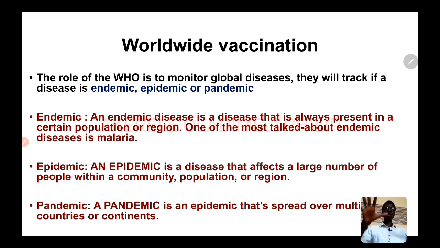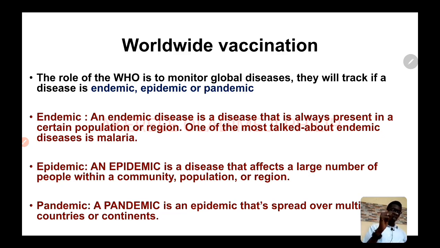It's always there, and it's only known for those people. But epidemic is like a sudden outbreak within a local region, within a population. Let's say, for example, one small village in Nigeria just has a cholera outbreak. Now it is an epidemic because it's just a sudden outbreak that affects a local place.